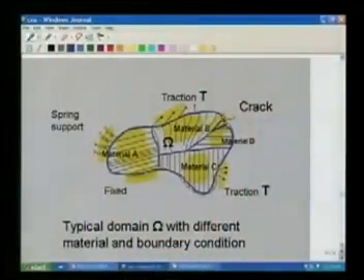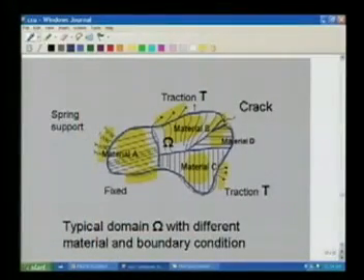That is, each material domain or subdomain can be meshed separately. Then we can bring all those together, apply the boundary conditions as we have seen, and also take care of the crack, and we'll get a solution. We can also make modifications or improvements to the solution if and when desired by the analyst.